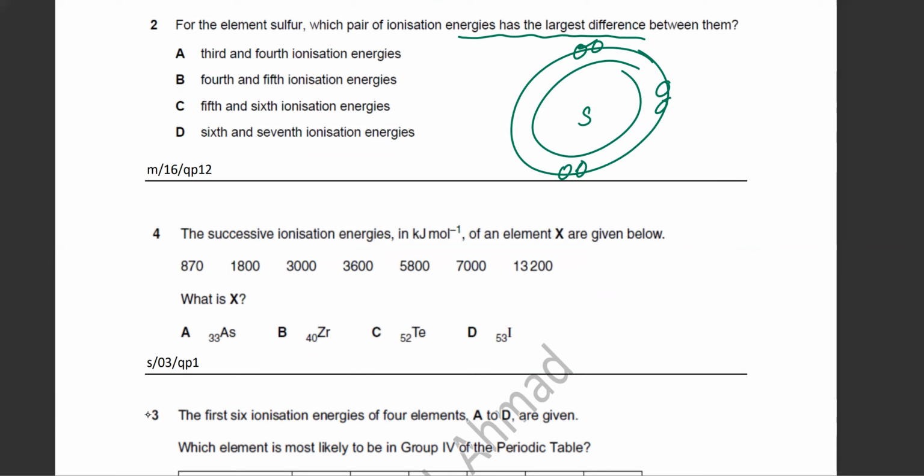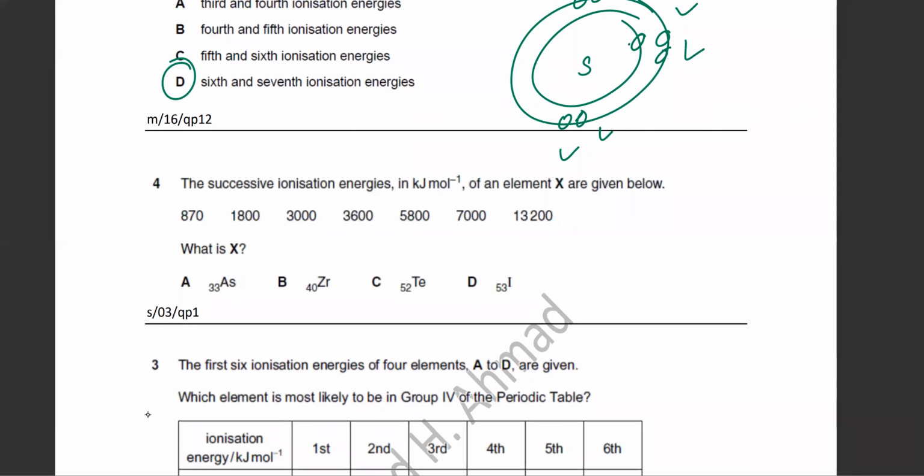You're removing electrons from sulfur. When would there all of a sudden be a very large increase in ionization energies? 6th and 7th. Okay, so it's going to be 6th and 7th. The first 6 electrons would all be kind of easy to remove, but all of a sudden the 7th electron would be from the inside, so that would be a lot harder to remove.